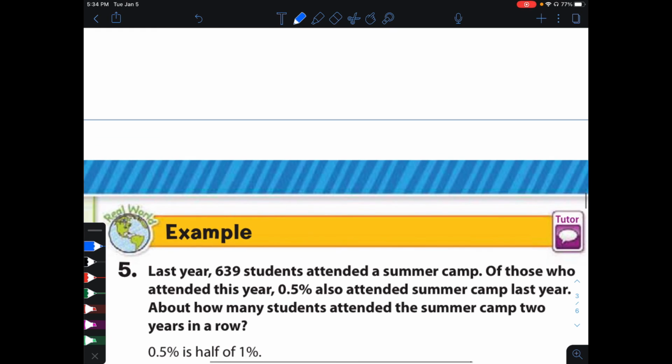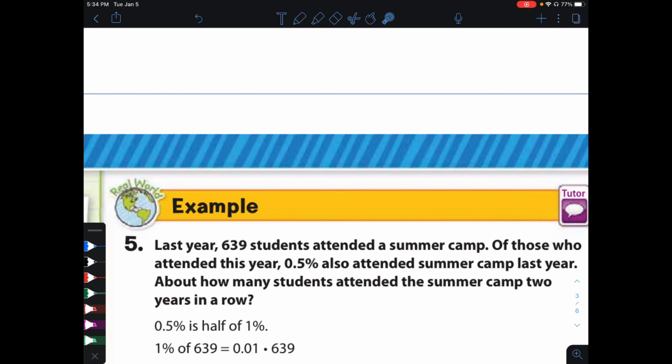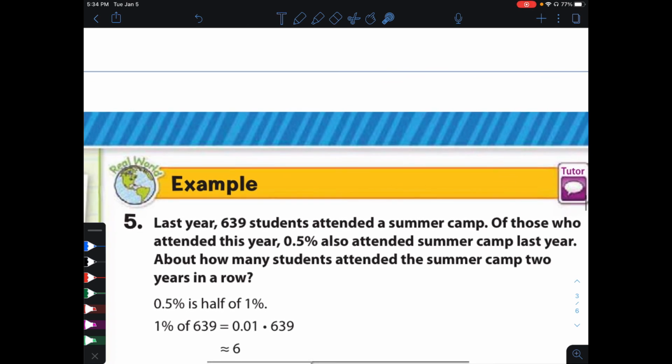Okay, so we convert 0.5%, which is actually half of a percent. Remember, 0.5% is actually half of 1%. So first we get 1% of 639, and we are going to estimate this. So we have 1% of 639, which is 0.01, will give us right around 6, because we can round this off to 600.